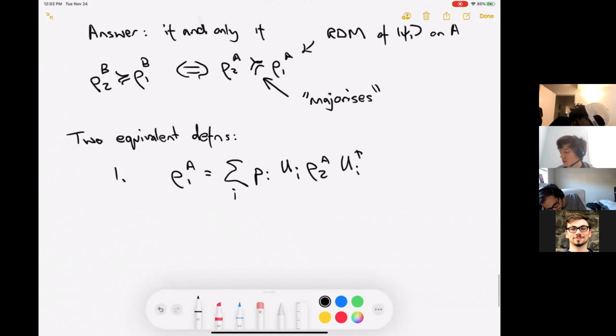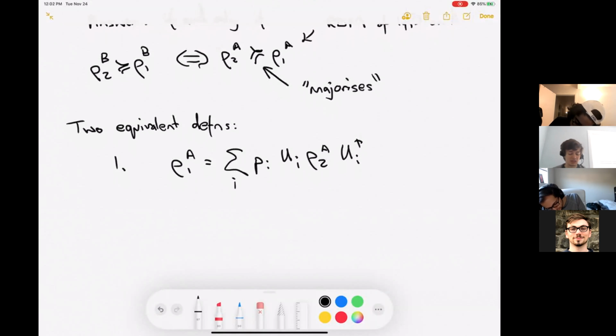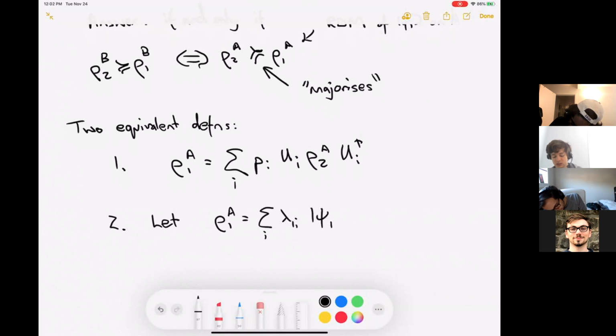The second definition, which is sort of easier to check than whether this condition is true, is the following: that we write out row 1 and row 2 in their eigenbasis. So we say that row 1 is the sum over i of lambda 1i, psi 1i.